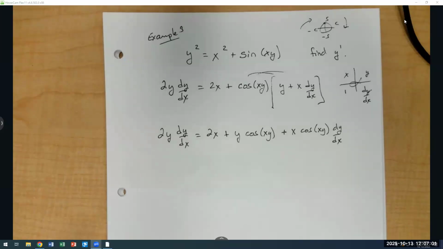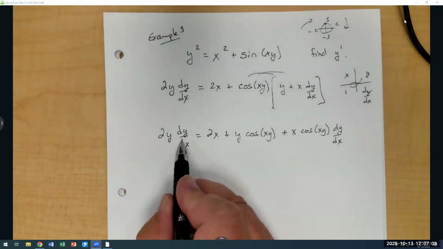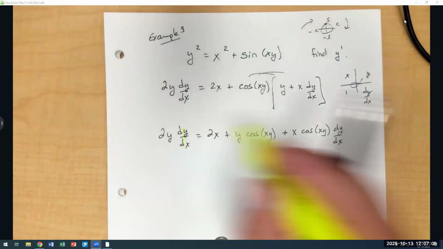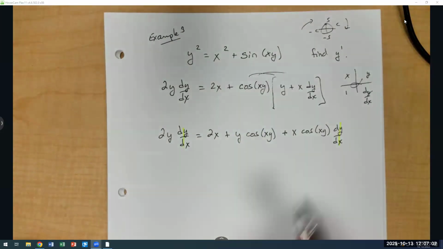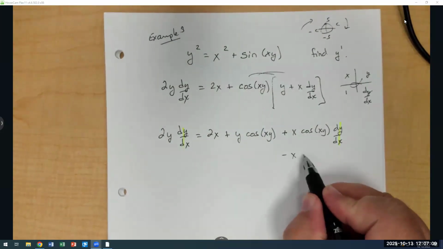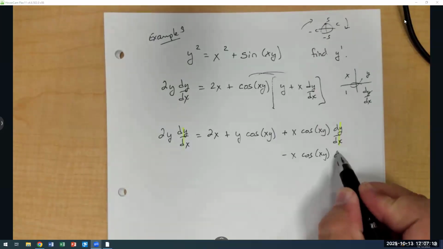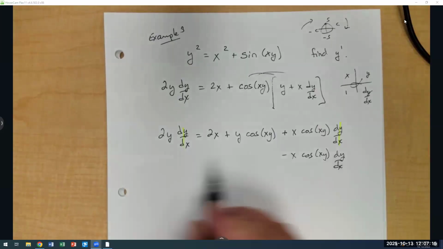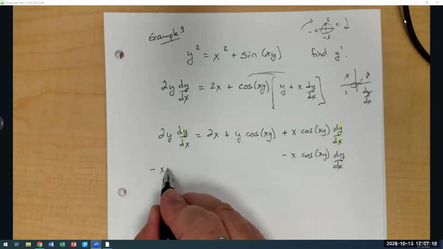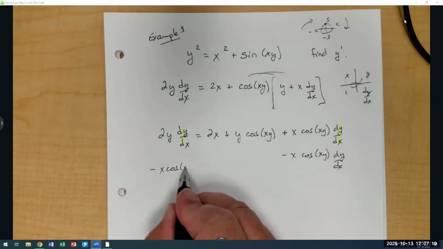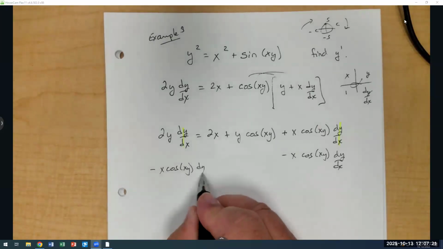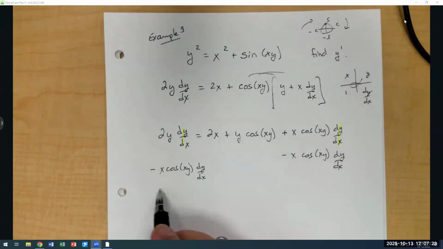Now move all the dy/dx's to one side. So there's one already on this side. We just have to move this one over. Negative x cosine xy dy/dx.